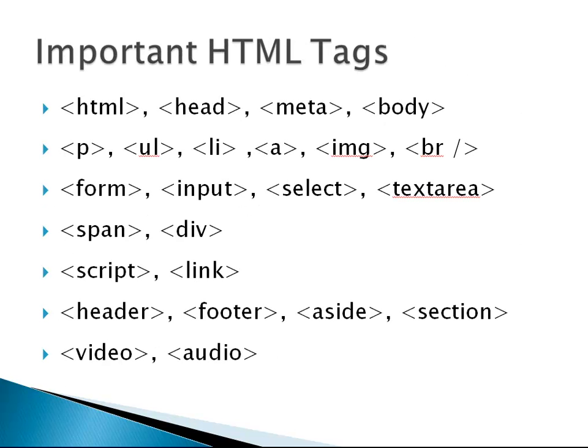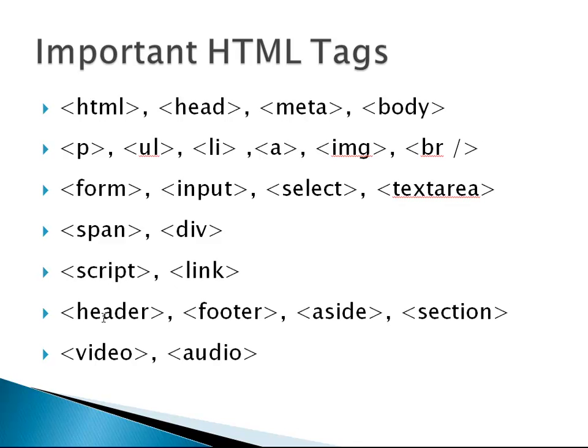And this is just some basic HTML tags that you probably should know. The document tags: html, head, meta, body, paragraph, lists, links, images, form tags. We have the form, input, select, text area, span and div, script, link, which usually go in the head tag.